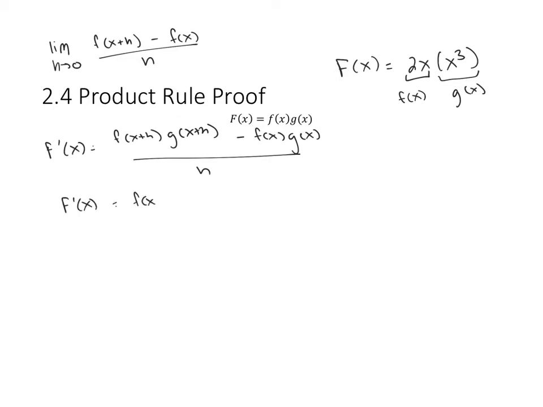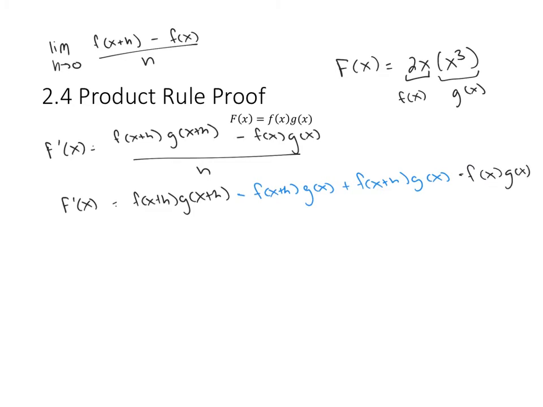We have f of x plus h times g of x plus h, and then I'm going to do minus f of x plus h times g of x plus f of x plus h times g of x, and then minus f of x g of x.